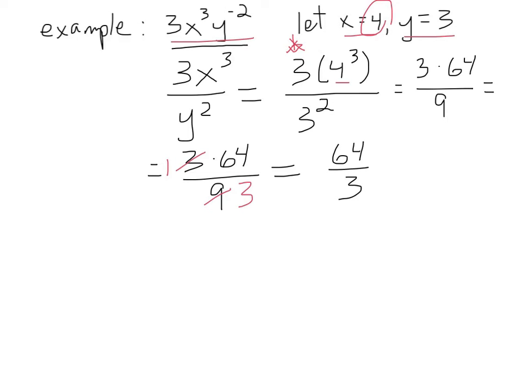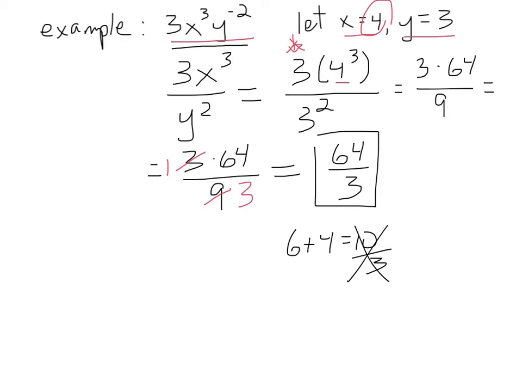And I know 3 doesn't go into 64 because of that little trick where you add the digits of a number, and if that sum is divisible by 3, then the number is divisible by 3. But in this case, 6 plus 4 equals 10, which is not divisible by 3. So I know I am done there.